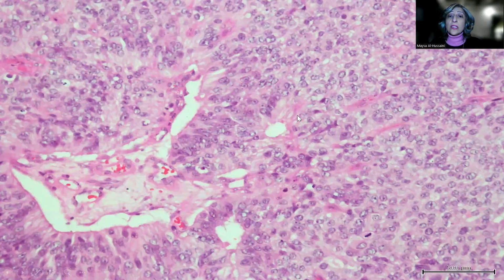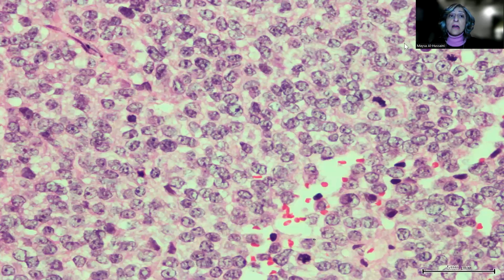And then we start to see perhaps here another area that resembles ependymoma canals, but then we start to see more solid growth of the tumor, and again, scattered mitotic activity and mitotic figures detected at various areas, and in some areas more of a solid growth pattern with sheets of tumor cells showing some clearing of the cytoplasm, yet vesicular nuclei, prominent nucleoli, and abundance of mitotic activity.